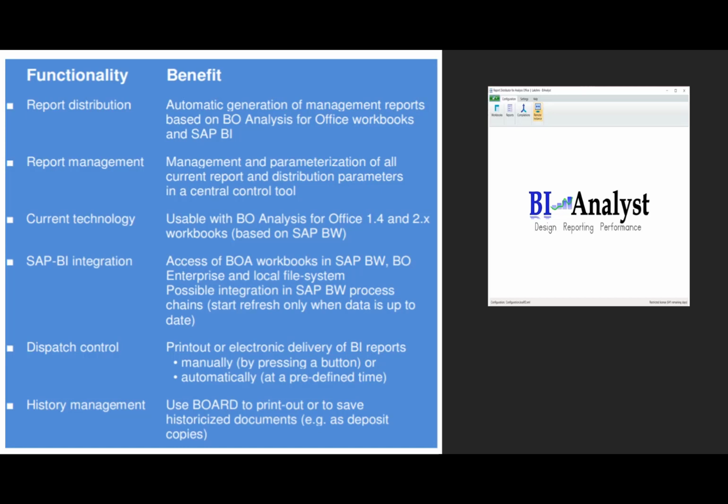And the SAP BI integration, where you can access the BO report workbooks in the SAP BW system, and it is also possible to integrate the process chain. And dispatch control can be automated at the predefined time. And we can also maintain history management. We can use the BO Report Distributor to print out or to save the historized documents.